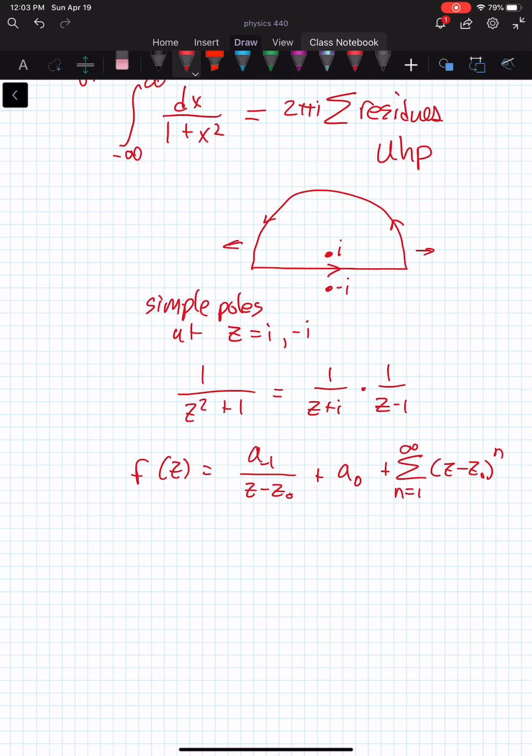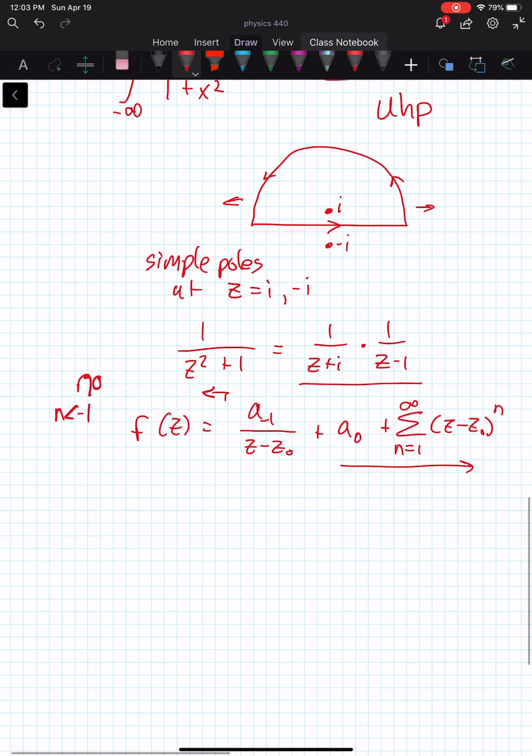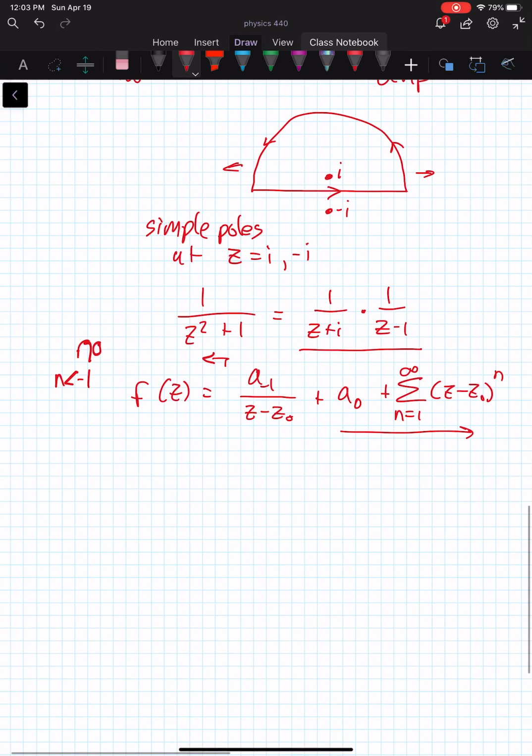We can do this because we can see that this is where the order stops, so we know there are no terms that are less than minus 1. We could assume that we can expand all of this out, right? But we know that this integration is going to be equal to 0.